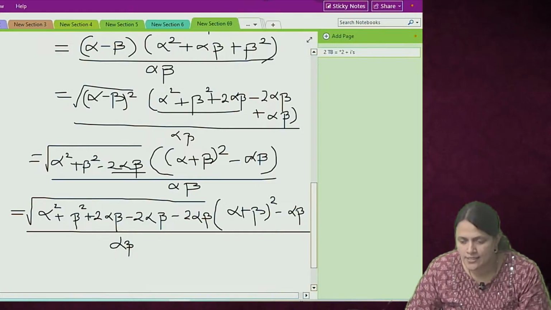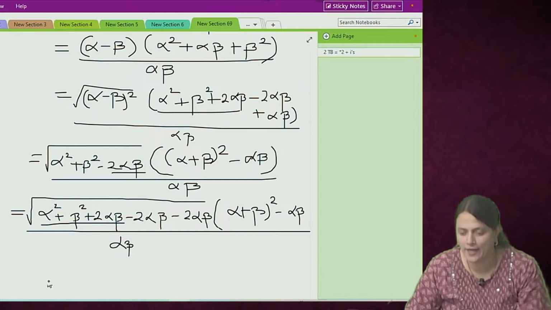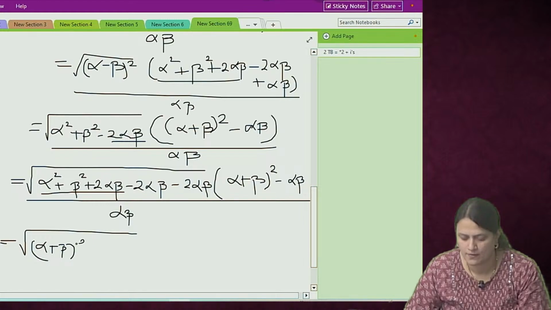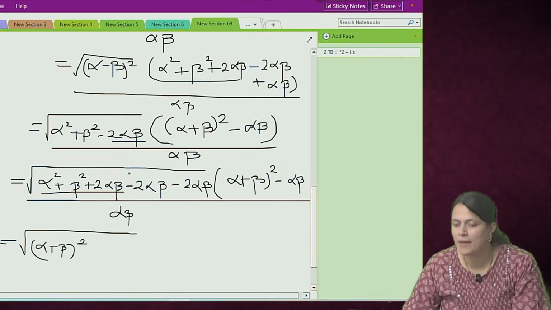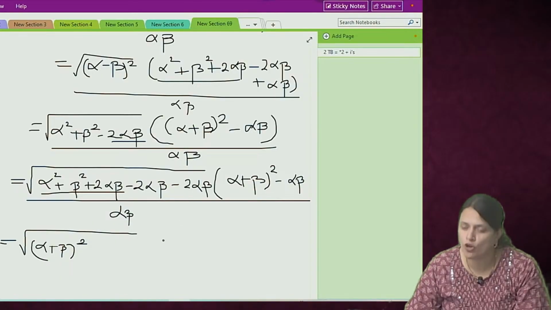Again, this is going to be the formula of alpha plus beta whole bracket square. So alpha plus beta whole bracket square. Now this becomes minus 2 alpha beta minus 2 alpha beta, so it will become minus 4 alpha beta.